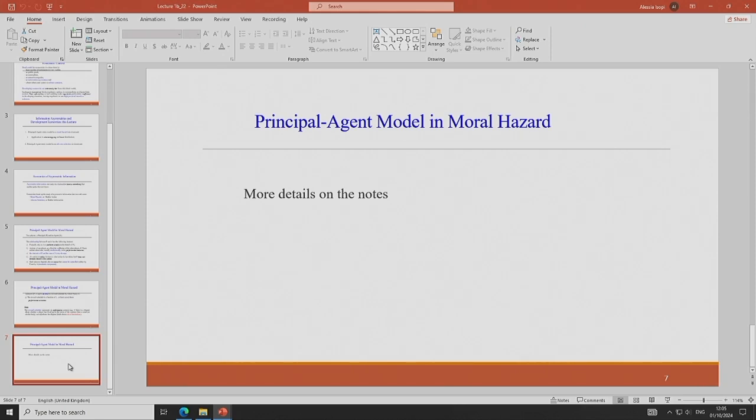As we said before, there's a transfer, which is the payment that the principal is going to give to the agent. And the utility function of the agent is going to be given by u of t minus psi of e. What can you spot straight away in the utility function of the agent?